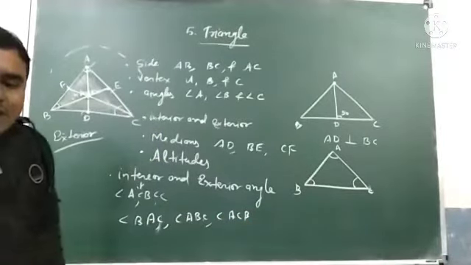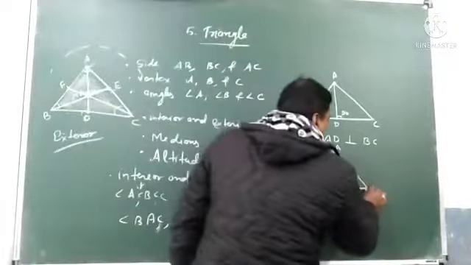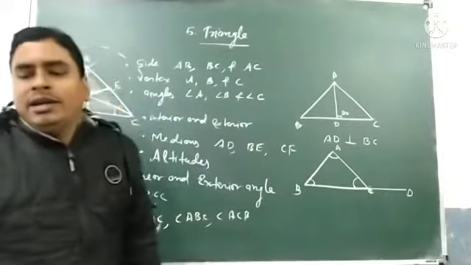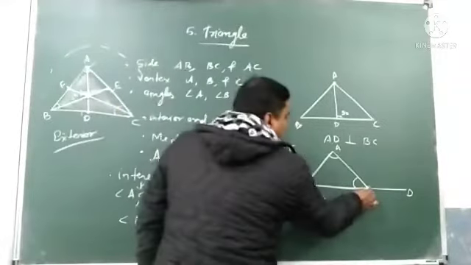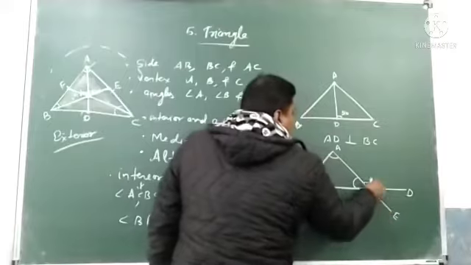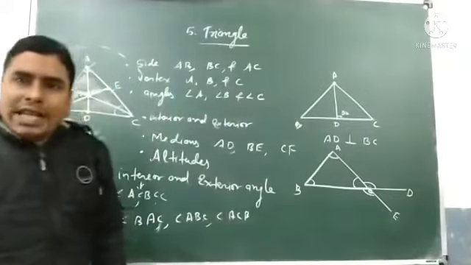What about the exterior angle? Suppose you extend this line to point D, or extend this line to point E. This angle and this angle are both called exterior angles.